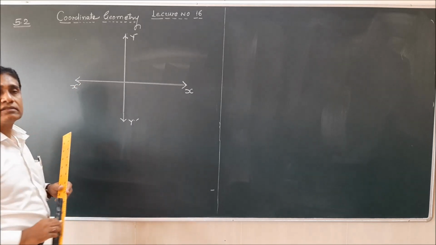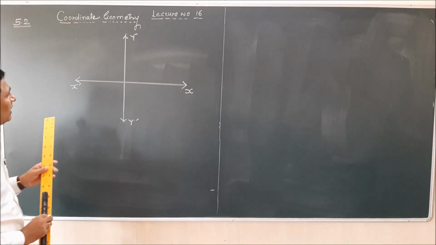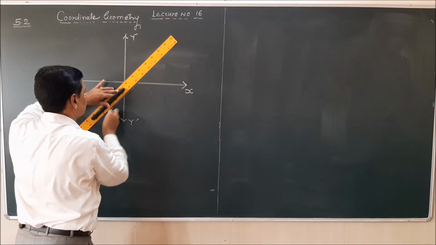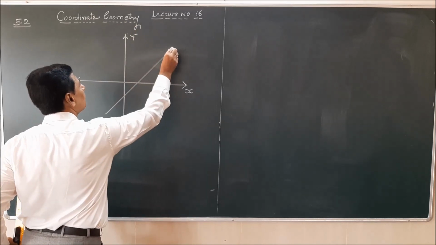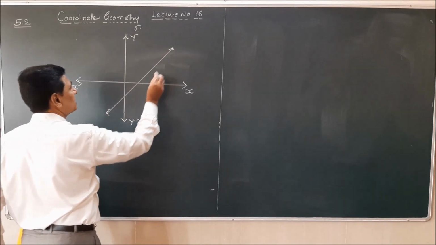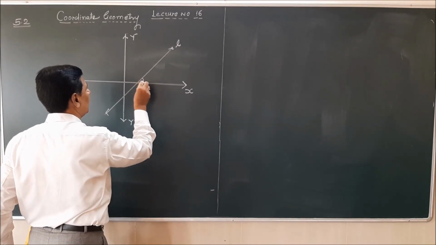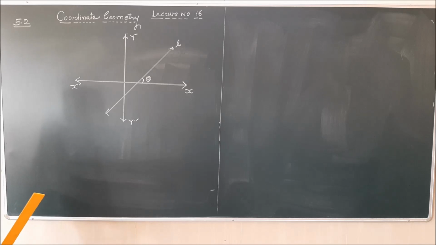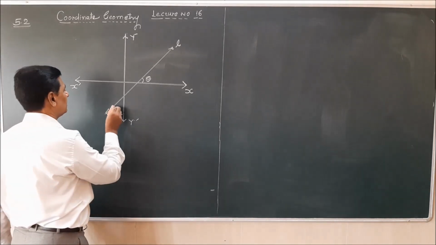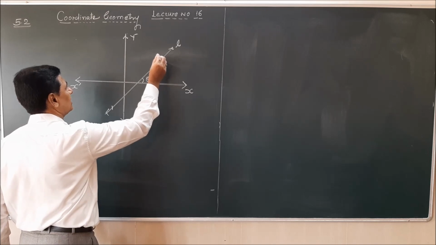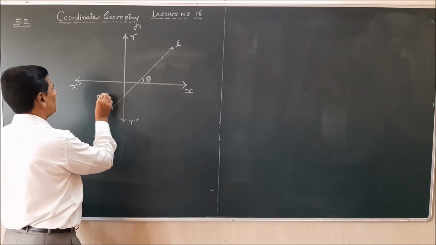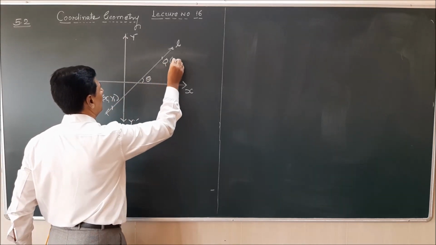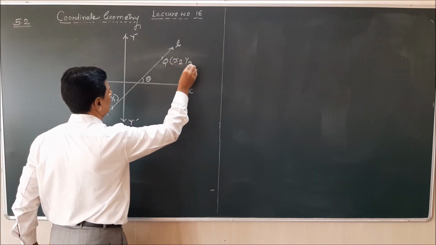Now if I draw any line, supposing this line L, this line L makes an angle of theta with respect to the x axis, and I am having the points as P(x1, y1), Q(x2, y2).